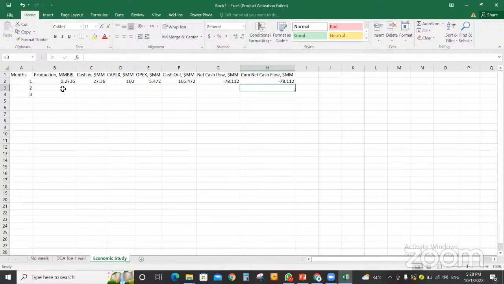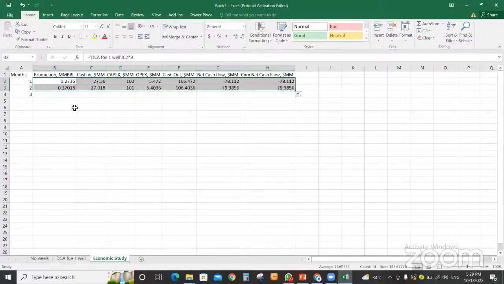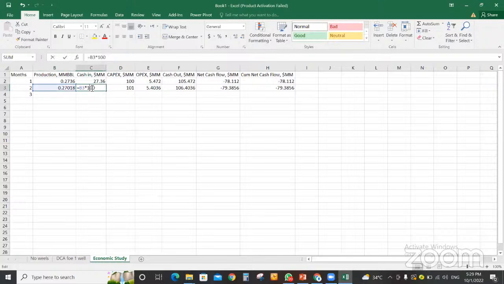Let's go to the second month. It will take the production from here multiplied by 9. The cash in is multiplied by 100. We don't have any CAPEX with the second month; we have only the initial cost for CAPEX at the first month. The OPEX is production multiplied by 20.